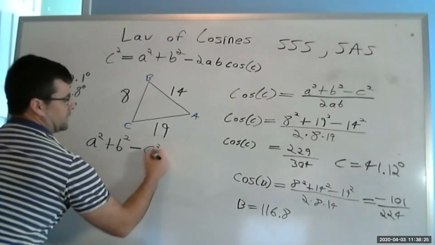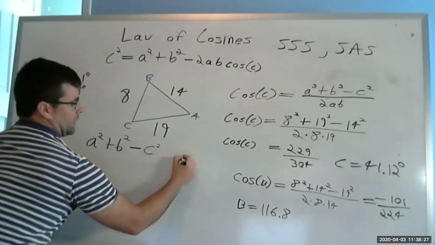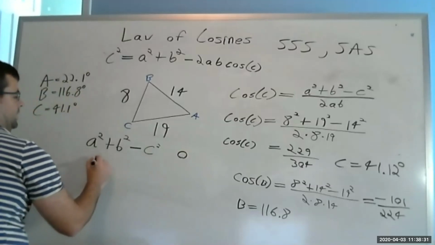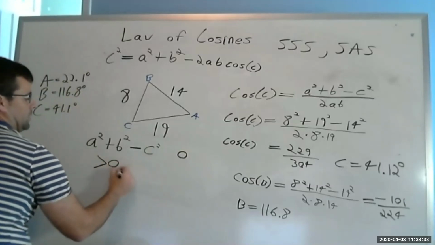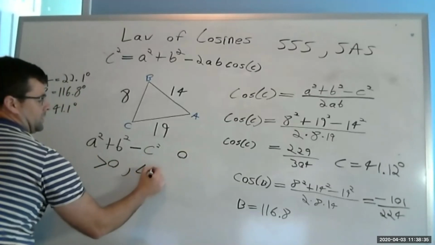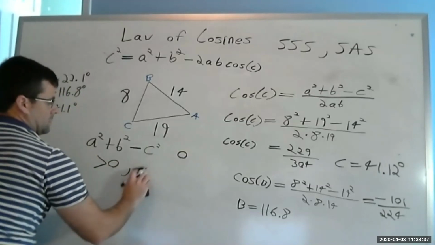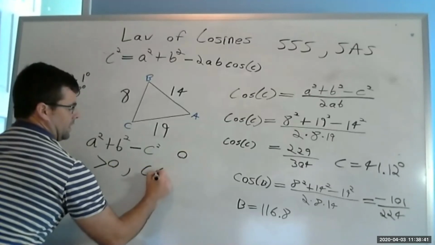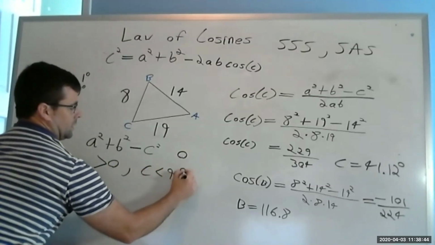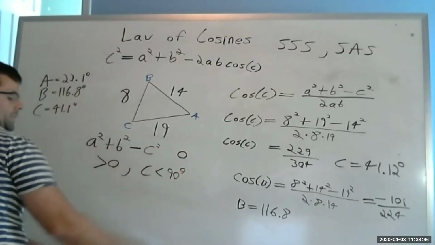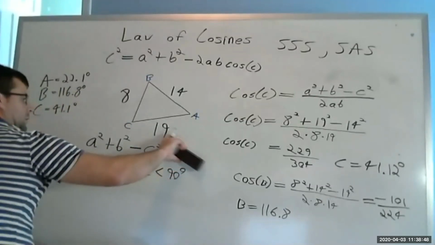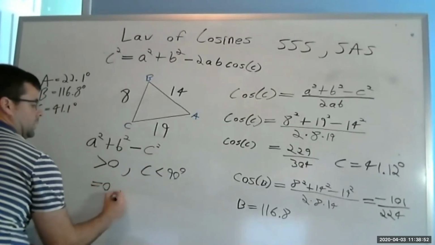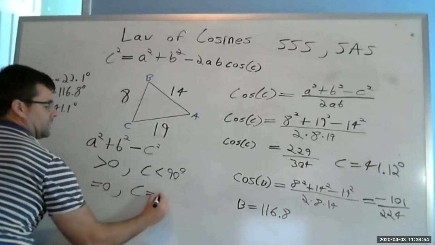So a squared plus b squared minus c squared, compare it to 0. If this is greater than 0, then angle C is less than 90 degrees. If this thing is equal to 0, then angle C equals 90 degrees.